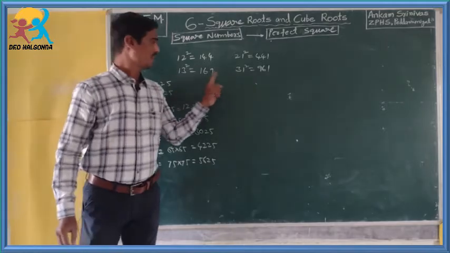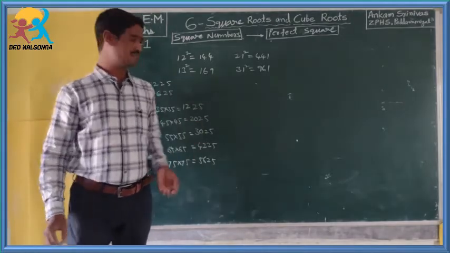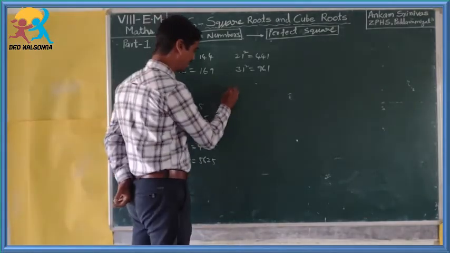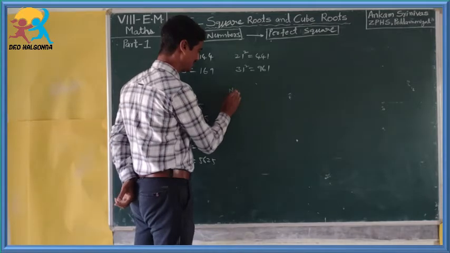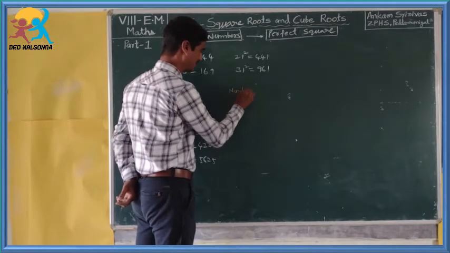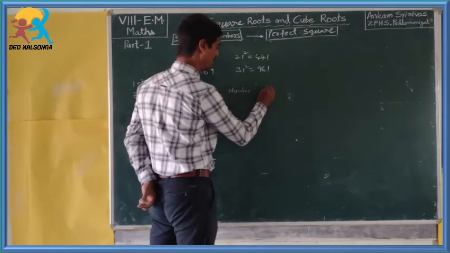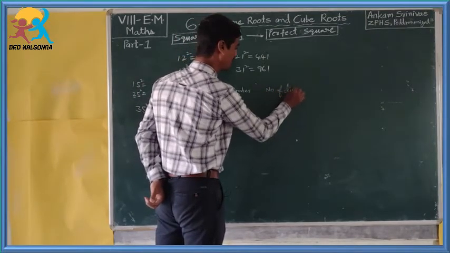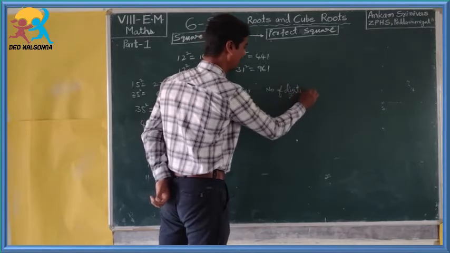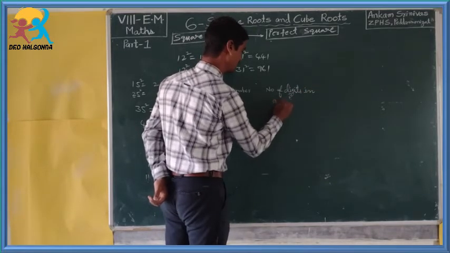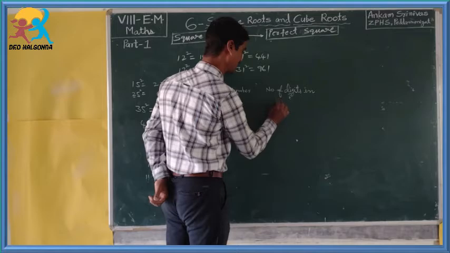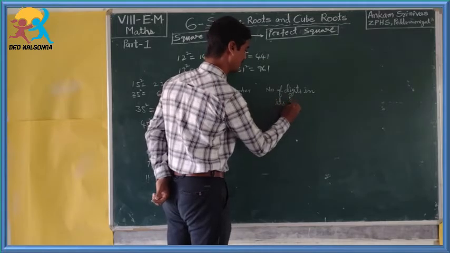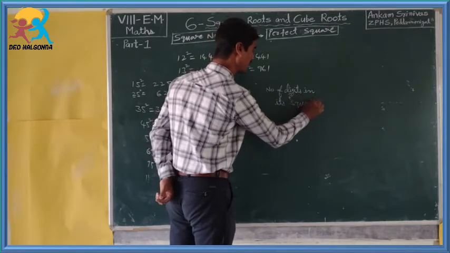And if you observe some more numbers here, suppose I am taking a number, and the number of digits in its square.